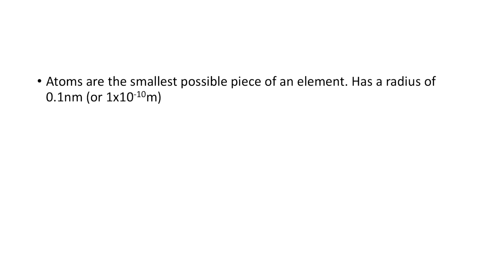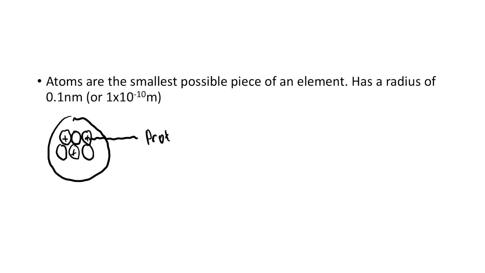So first here I'm going to draw the nucleus of an atom. Now in the nucleus you find two subatomic particles. You find some positively charged subatomic particles which are called protons. And these are represented by the plus sign.